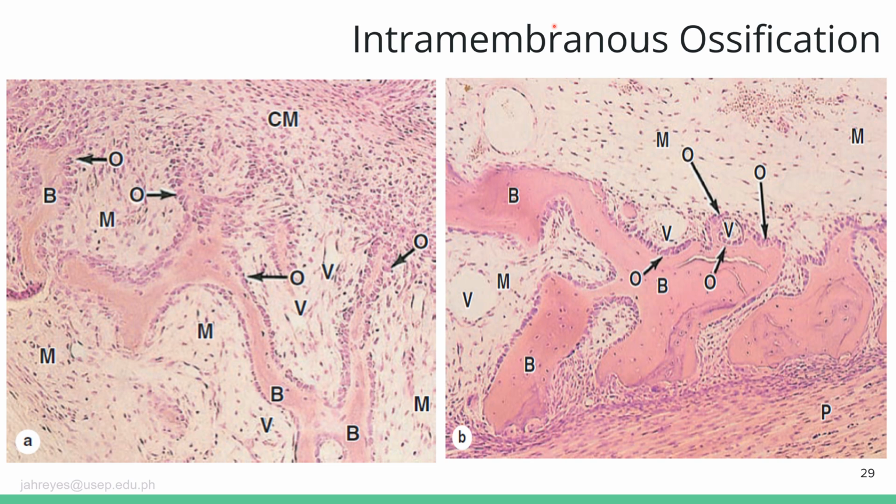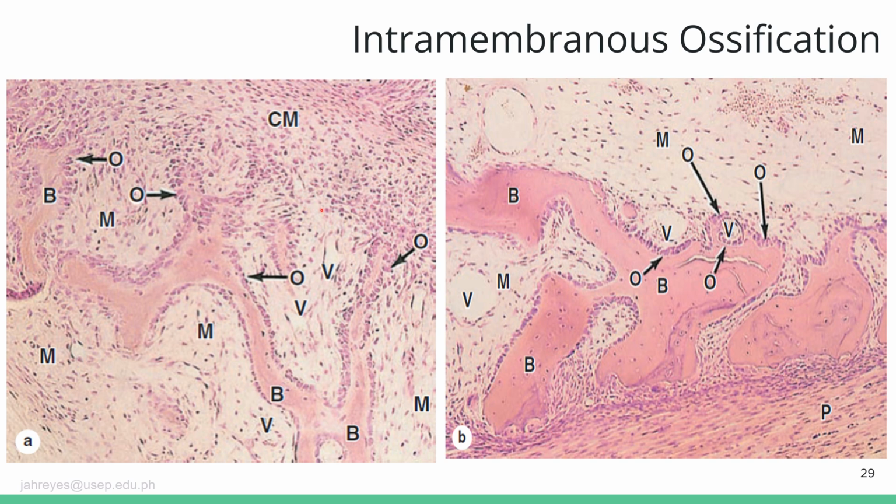So, in the embryonic connective tissue or the mesenchyme, there will be noted appearance of spindle-shaped cells or mesenchymal cells, and they will aggregate in specific areas. So the condensation of those cells within the mesenchymal tissue will initiate the process of the intramembranous ossification.